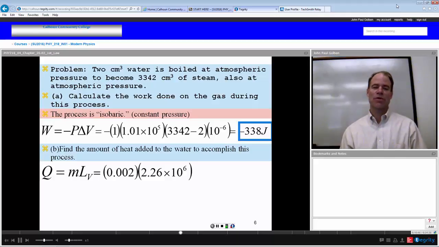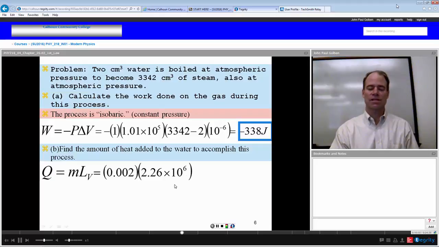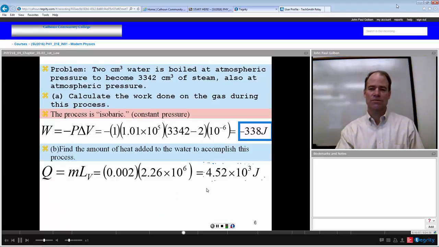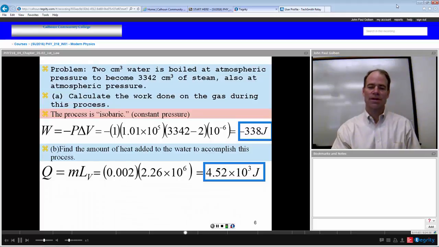So that's going to be 0.002 kilograms of water times the latent heat of vaporization for water, 2.26 times 10 to the 6, gives us 4.52 times 10 to the 3 joules. So the Q added to the system to make this happen is 4.52 times 10 to the 3 joules.